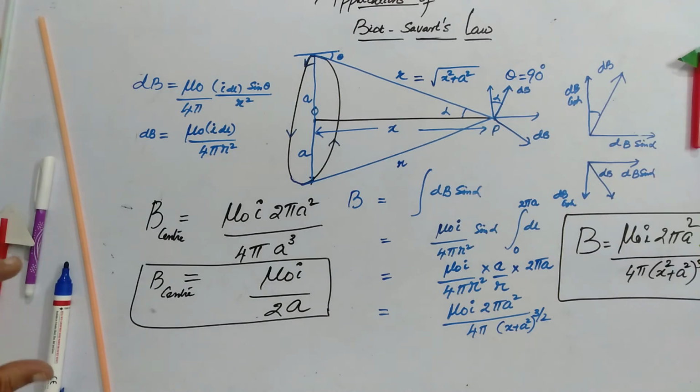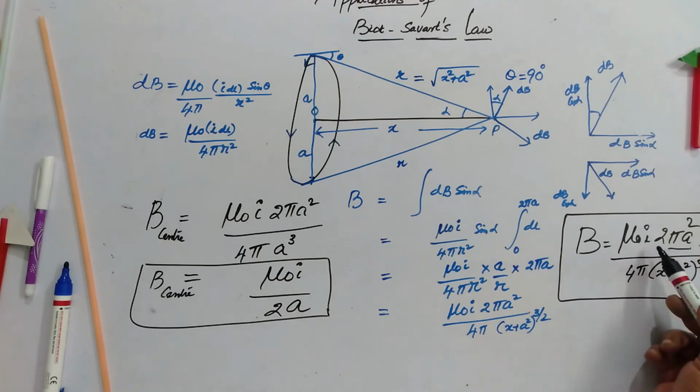This result is also useful for some other purposes. If you look at this term, what is it? It is the area of the circle, and I times area is known as magnetic moment.